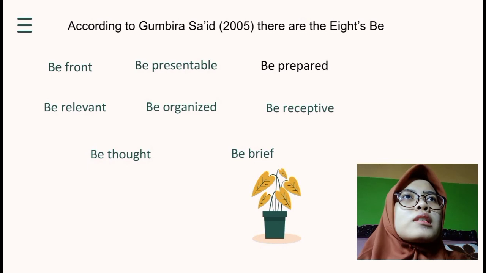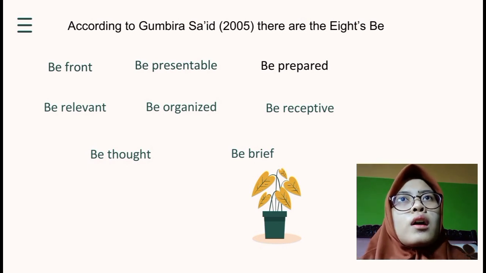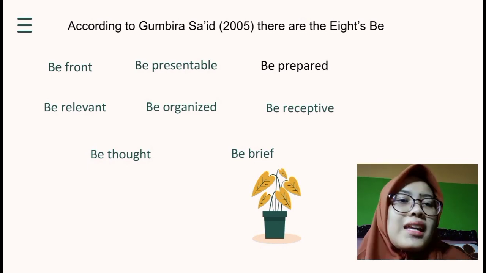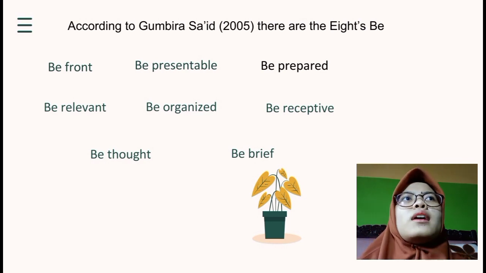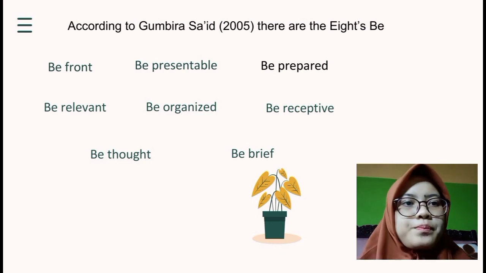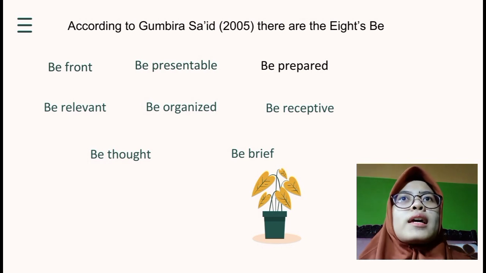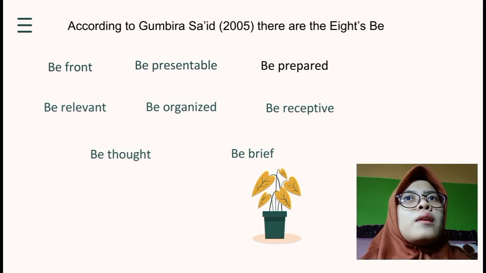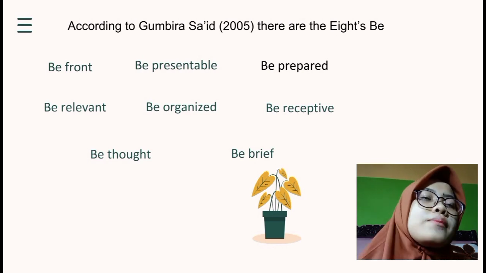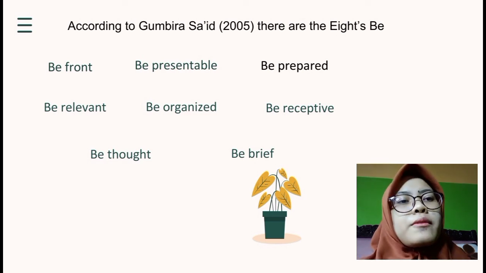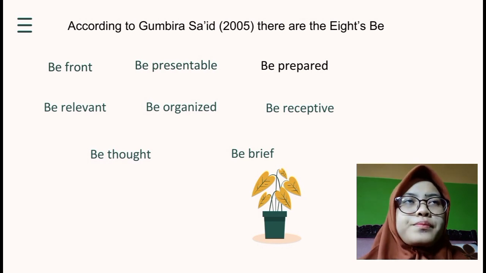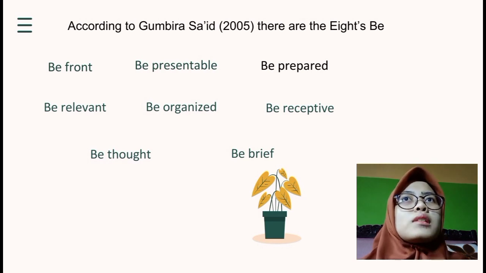Now, let's move on to, according to Said in 2005, there are the 8P, such as be broad, be presentable, be prepared, be relevant, be organized, be receptive, be touched, and be brief. And I will explain from be broad.